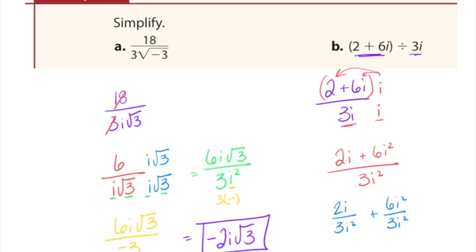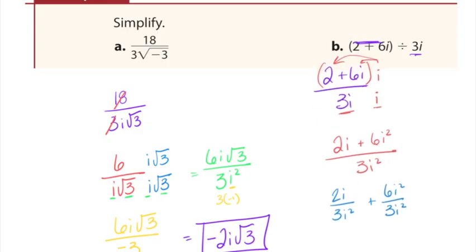And remember, we don't want to cross out i's. If we have an i squared, we want to simplify it using our negative. And so I am going to rewrite this one as 2i over negative 3. So 2i over negative 3. And I am going to simplify the next one as negative 6 over negative 3.